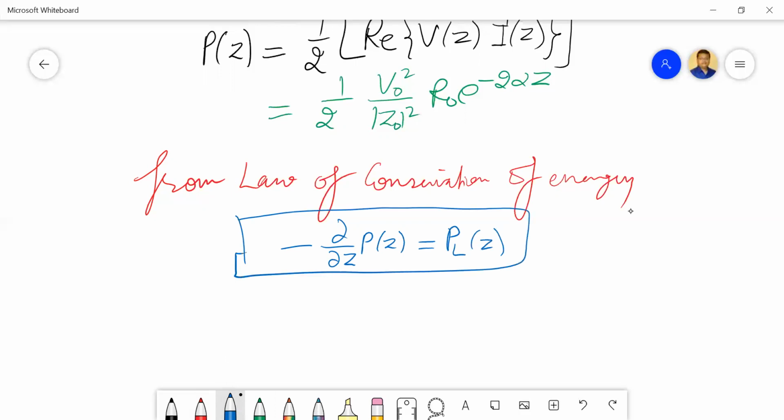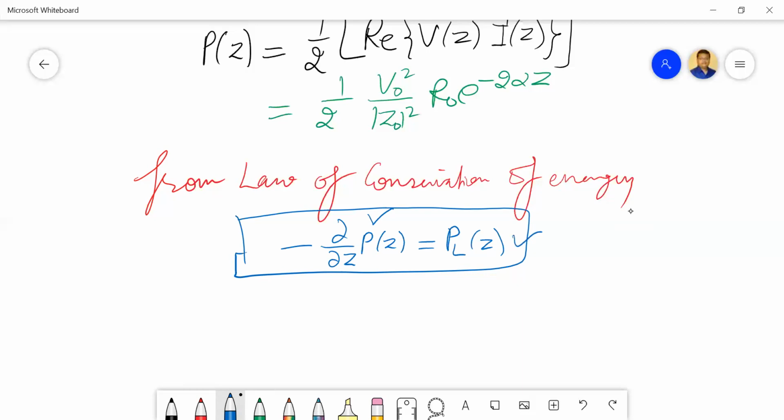The rate of decrease of Pz, which is the average power, with the distance along the line, equals the time average power loss PLz per unit length.